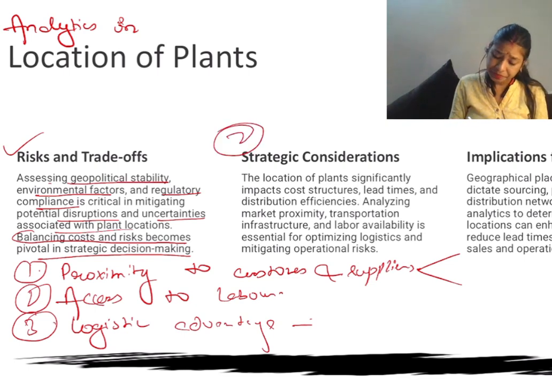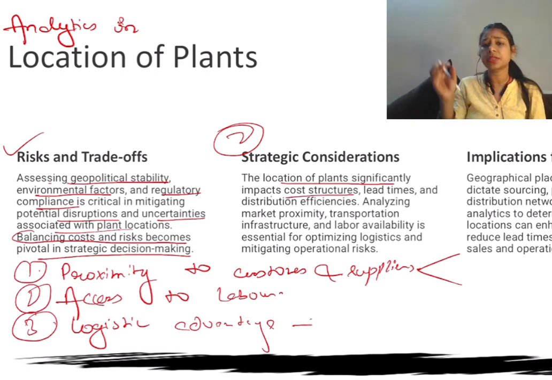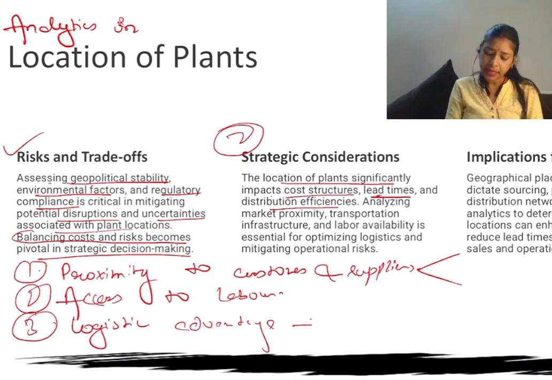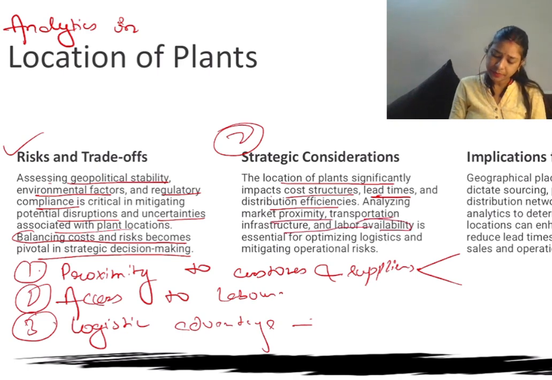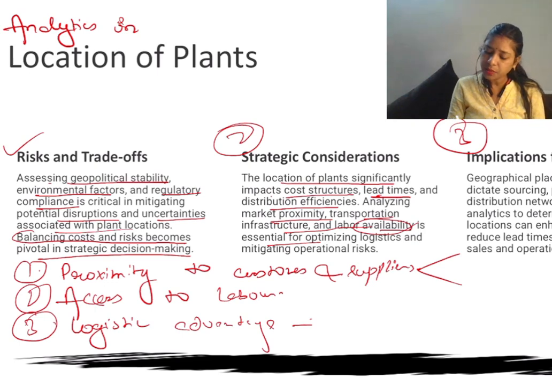The next is the strategic consideration. The location of the plant impacts the cost structure, because if the location is too far, if it is not in proximity, then the delivery time increases. So it should be taken into account such that the lead time and distribution efficiency are maintained. Also analyzing the market proximity, transportation infrastructure and labor availability, which we have discussed, should be taken into account. And the third is implications for planning.